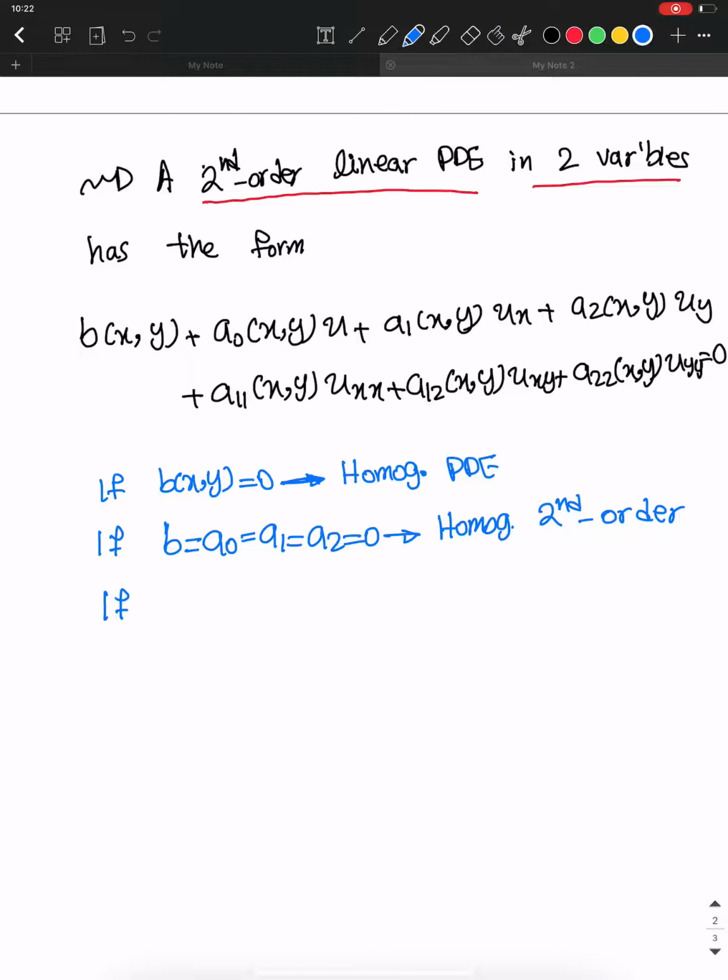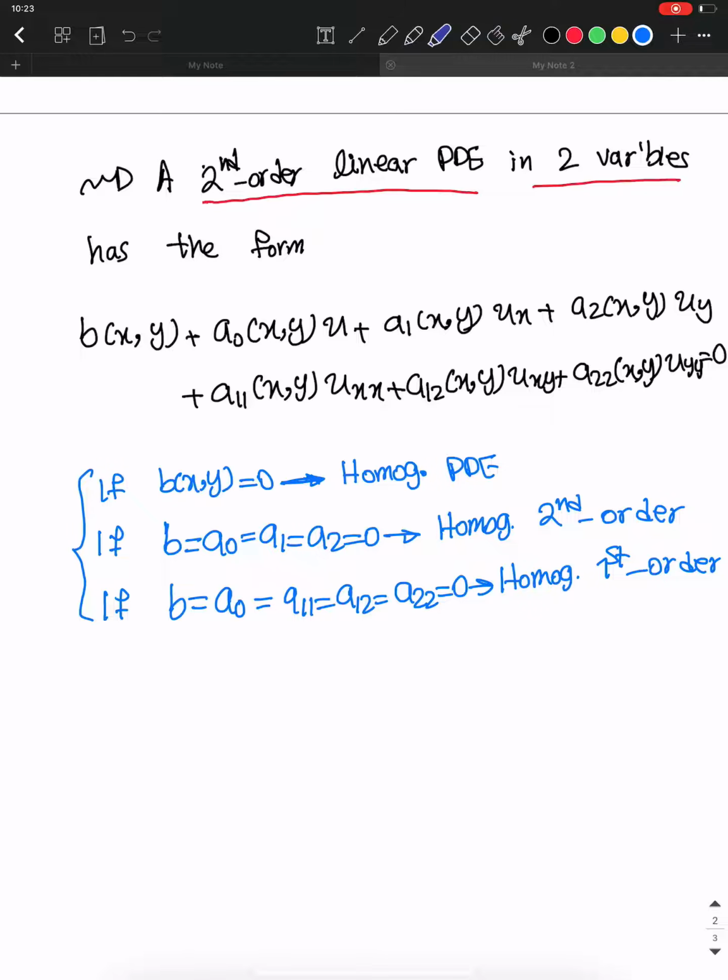If, on the other hand, b equals a0 equals a11 equals a12 equals a22 equals 0, this is a homogeneous first order equation. Okay, so these are some definitions of what we mean by homogeneous.